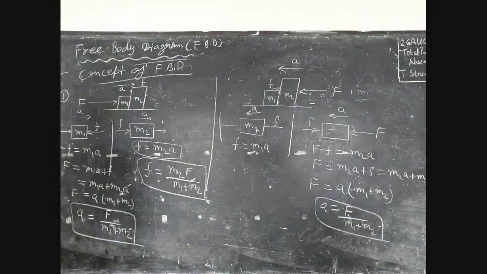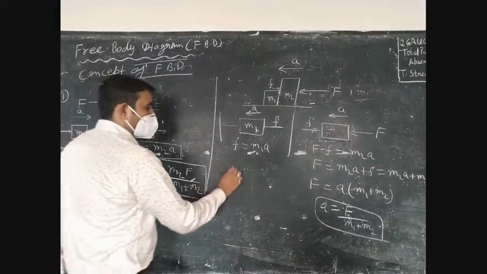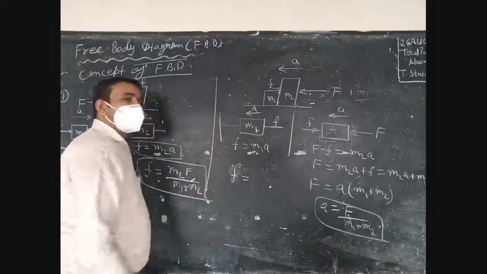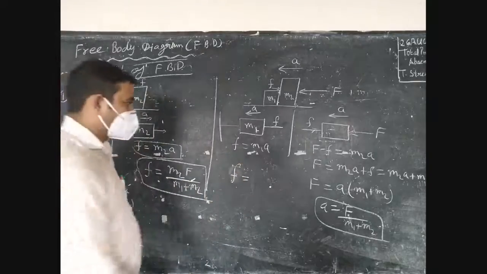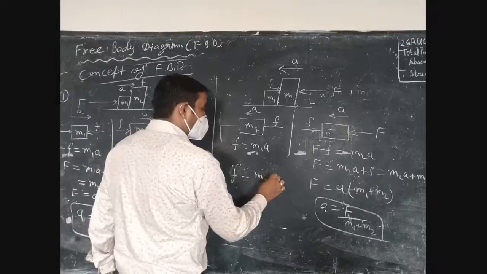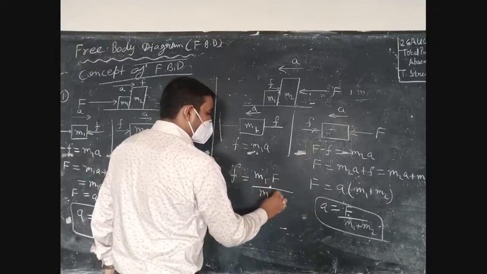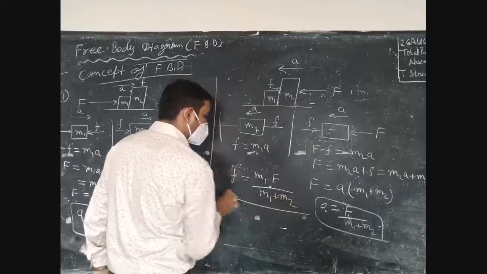In both the cases, the acceleration is the same if the two masses are the same. But the small force, or you can say opposing force, will change. M1 and value of A is F upon M1 plus M2.